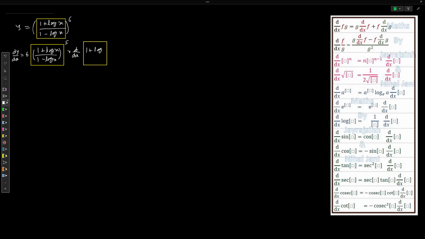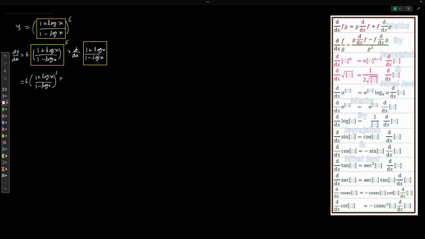So in the next step, this 6 box raised to 5 will be as it is. You have to focus on the differentiation of box. What will we apply? The division rule. You should remember this at that time.